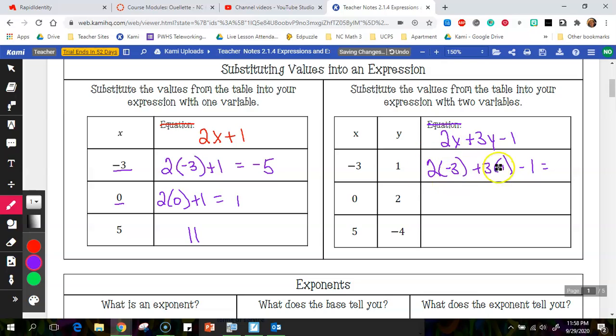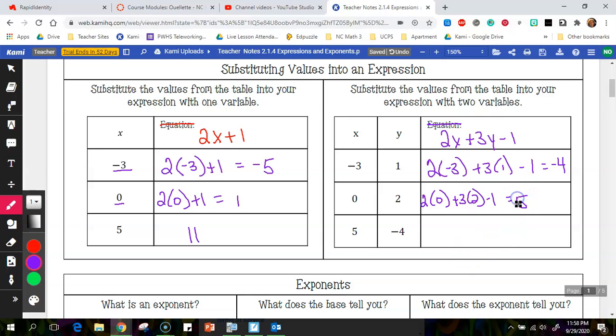That's -6 plus 3, that's -3, minus 1 is -4. Here we're going to plug in a 0 for the x and a 2 for the y. 2 times 0 plus 3 times 2 minus 1. So that's 0 plus 6 minus 1 is 5.